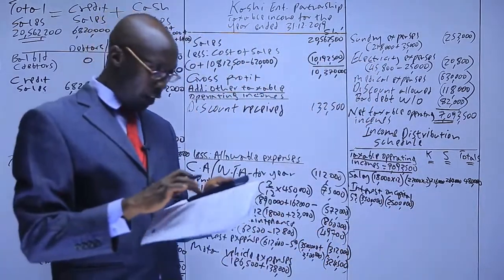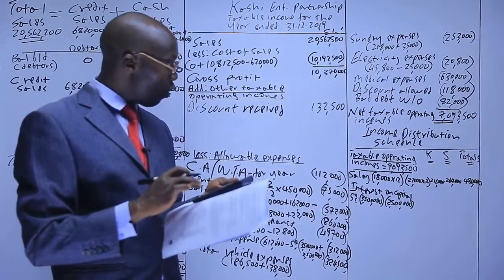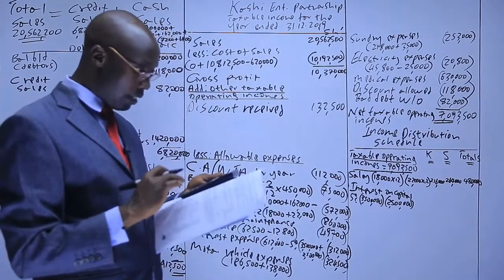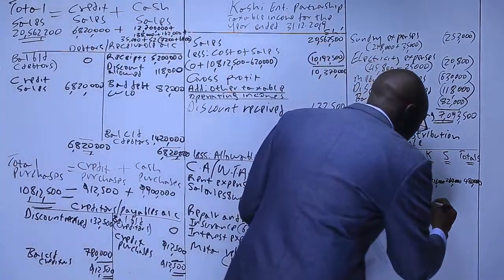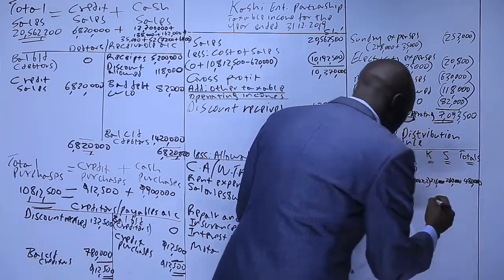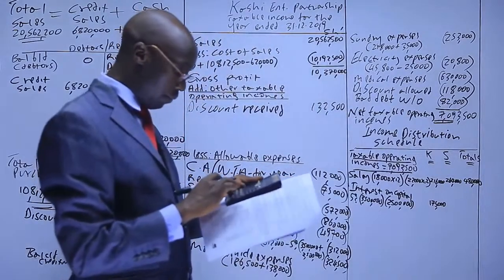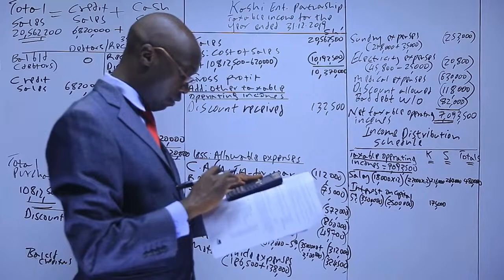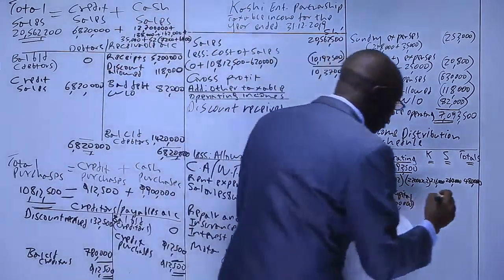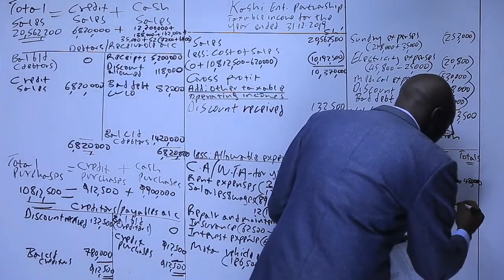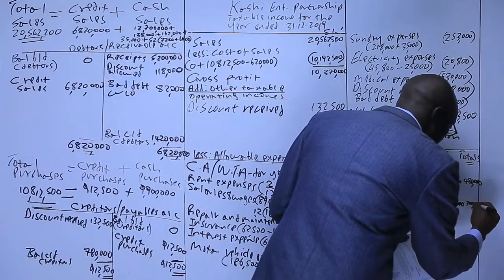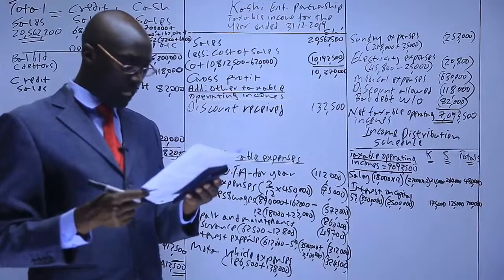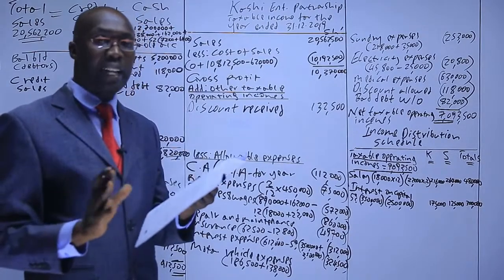So we start with 5% of 35, which gives us 175,000. The other one is 25 times 5%, giving us 125,000, and the total gives us 300,000. Then after that, point number 10, none, and 11, there is none.